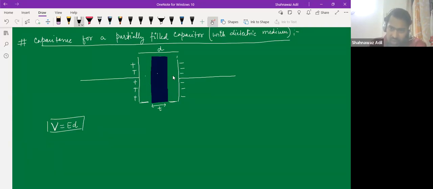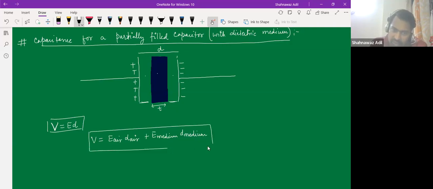So the voltage would be E air and D air plus E medium and D medium. Is this clear? Yes, sir, it's clear.